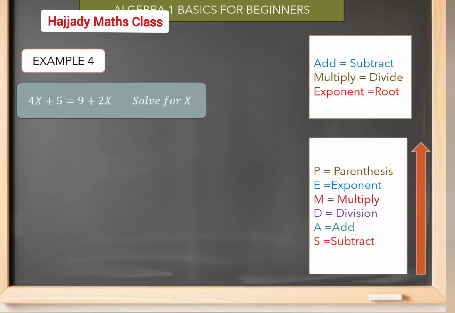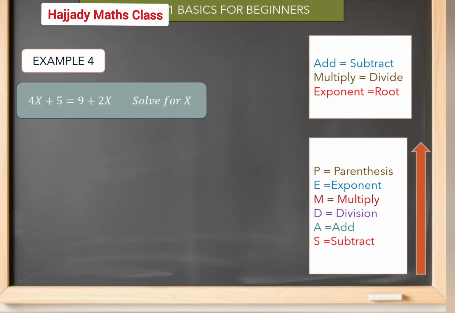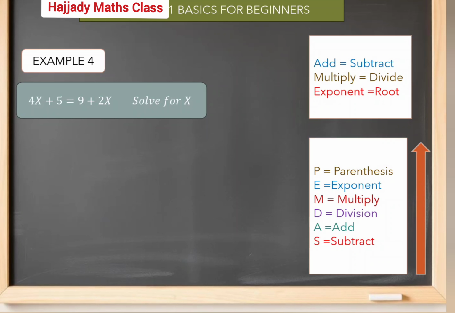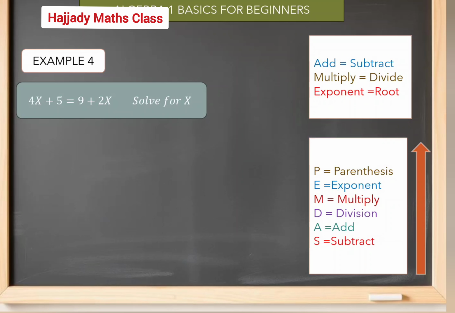Example 4. In example 4, we have the same thing. We're having 2 operators here, but here we have the variable x on the left side and also on the right side. The first thing we need to do is to make sure we have the variable on one side, preferably on the left side.